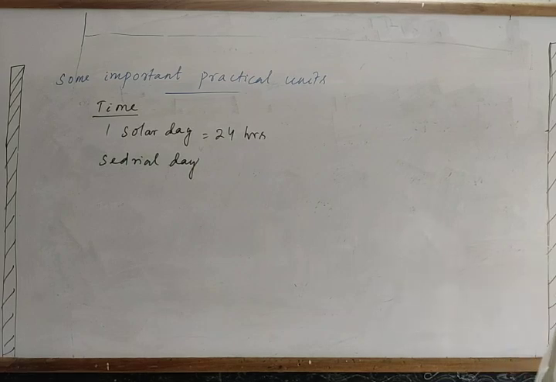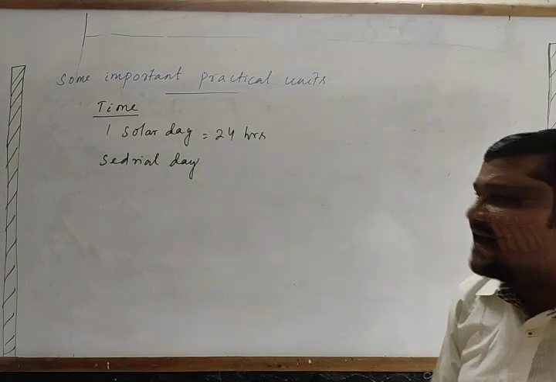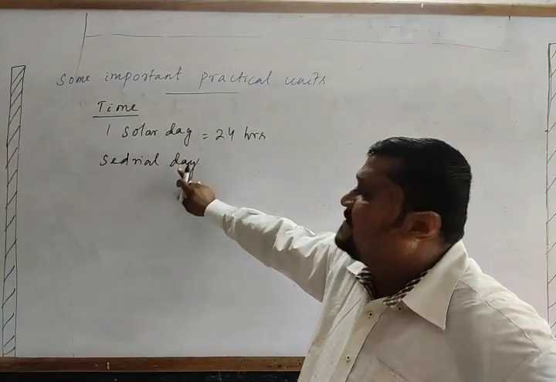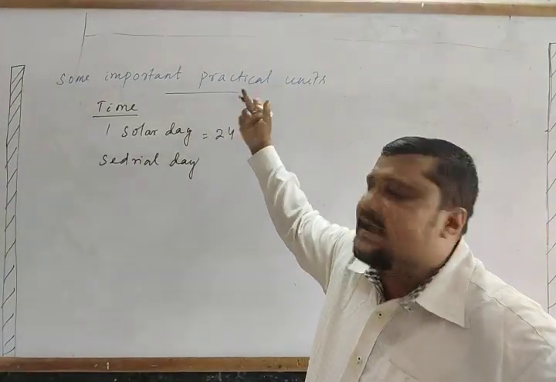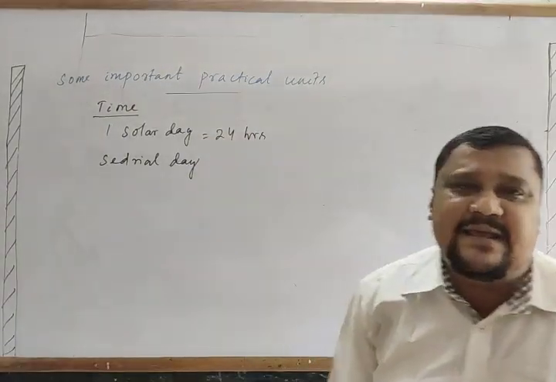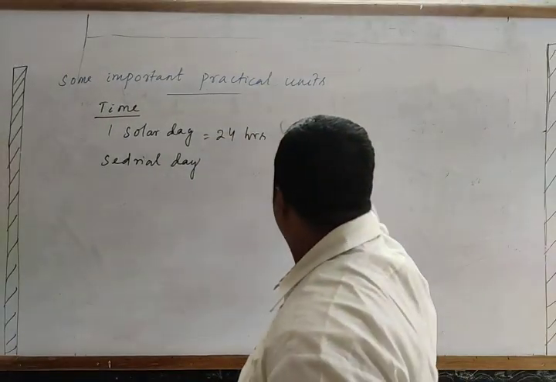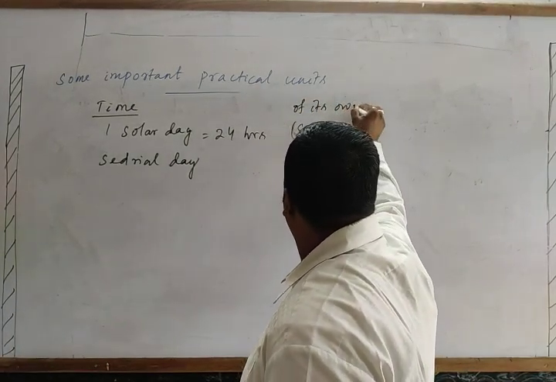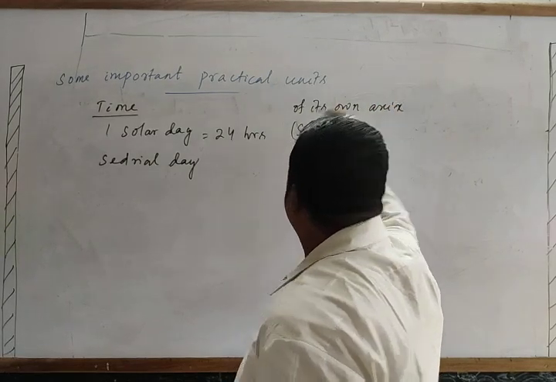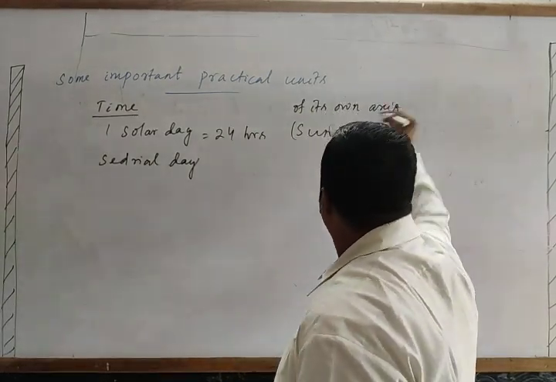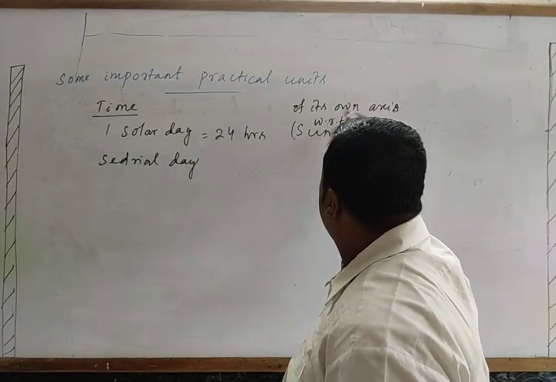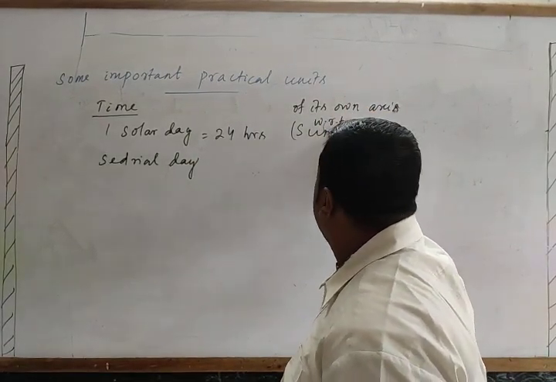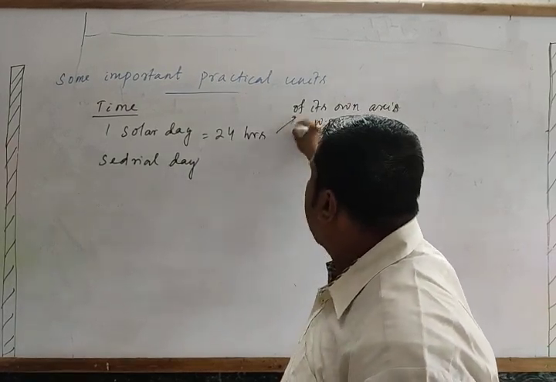Or you can say it is the time taken by the earth to complete one rotation about its own axis with respect to a distant star. The solar day is with respect to the sun. The sidereal day is for any other star. Clear? Solar day is around its own axis with respect to the sun.